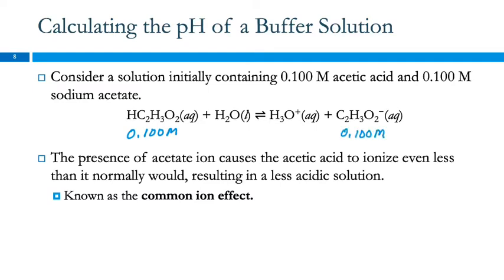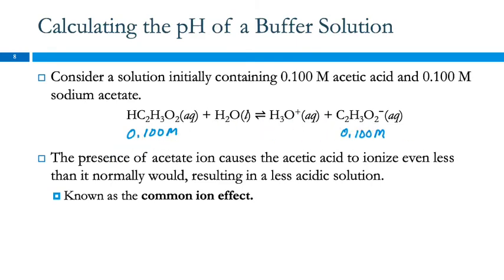So if we started with just acetic acid, this ionization would happen more because there wouldn't be any acetate ion present initially. Here we've added both of these, and so the acetic acid that's there will ionize even less than it normally would. This is called the common ion effect. We've added sodium acetate, which has an ion in common with this equilibrium.